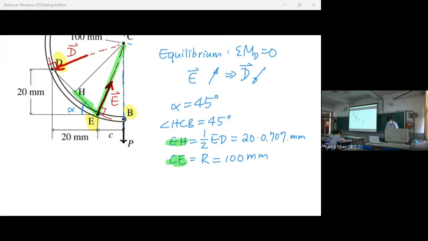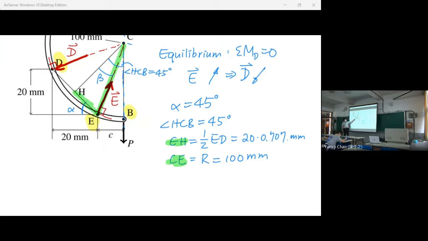we know this angle beta, and HCB is equal to 45 degrees. So how do we determine beta?